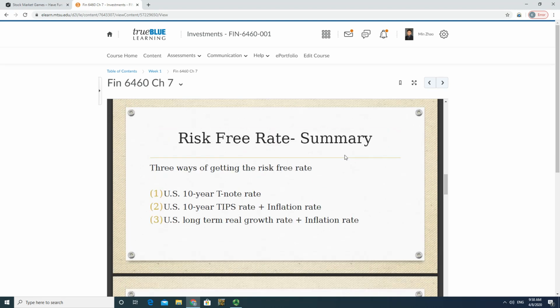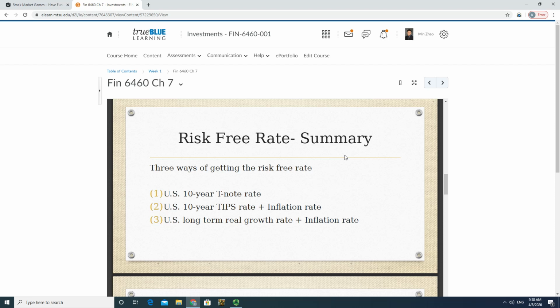Now we have three major proxies for risk-free rate. The first one is the US 10-year T-note rate, and this is the standard Wall Street professionals use for risk-free rates. If you go to Bloomberg and check risk-free rate, people say, hey, the best proxy for risk-free rate is the 10-year T-note rate.